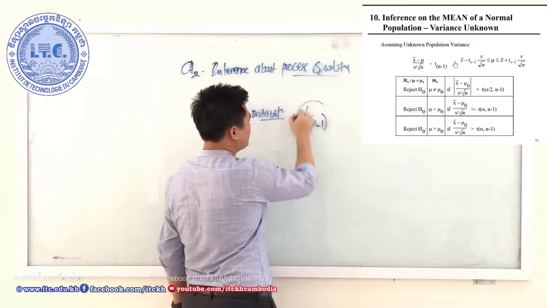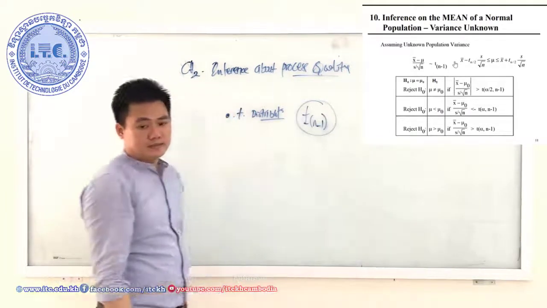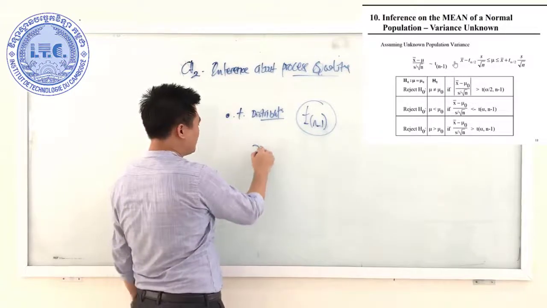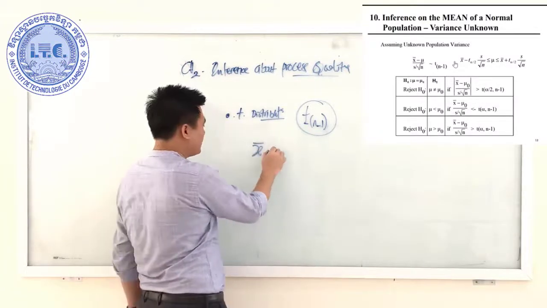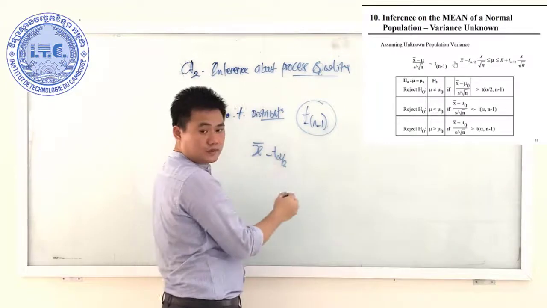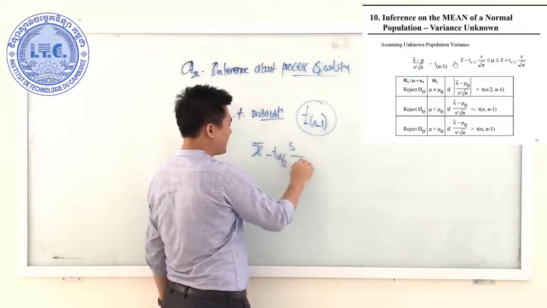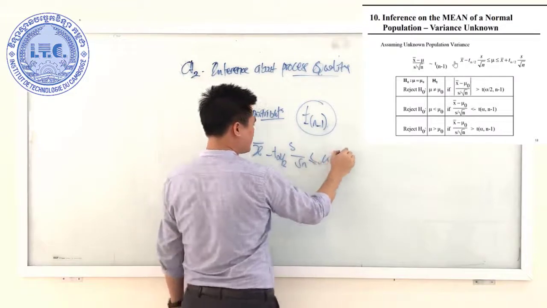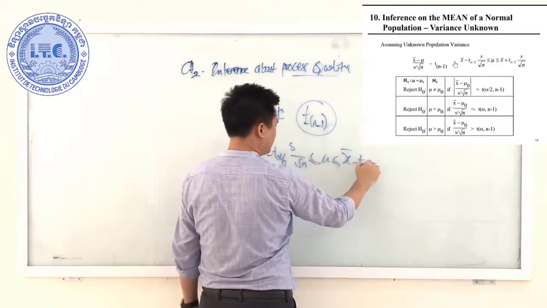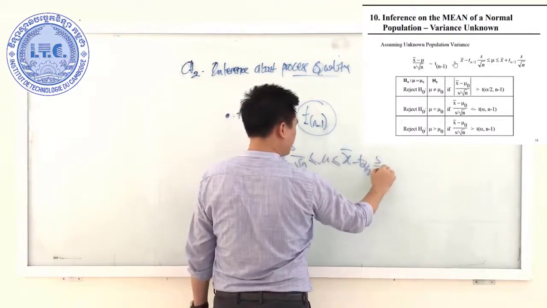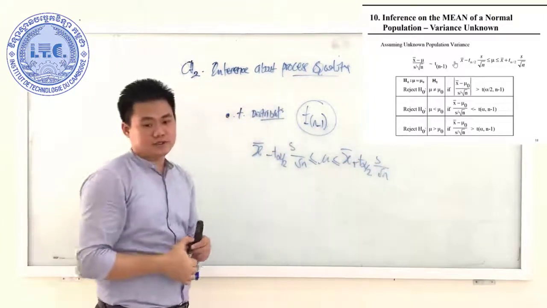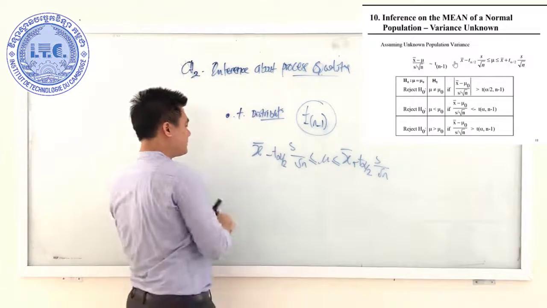We call it the t distribution. The estimation formula of the interval is the same: x bar minus t alpha over 2 times s over root n, to x bar plus t alpha over 2 times s over root n. This is the t distribution. The same formula applies for the hypothesis test.